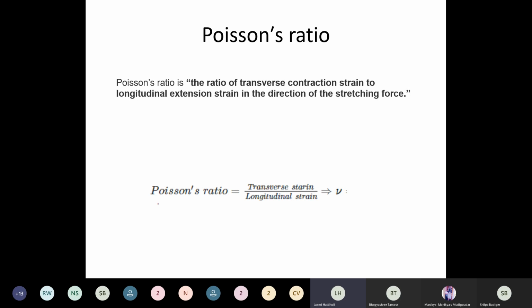Correct? So Poisson's ratio is taken as ratio of lateral strain by linear strain, or you can also call it transverse contraction strain to the longitudinal extension. That is linear strain, one and the same. Okay, so you can see the formula, transverse strain by longitudinal strain. Now Poisson's ratio is taken as mu, or also 1 divided by m.